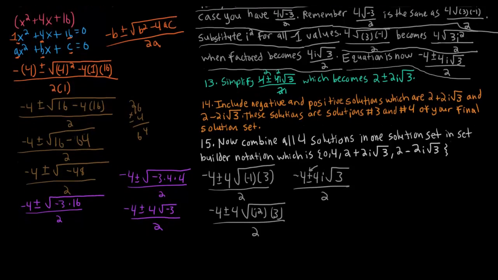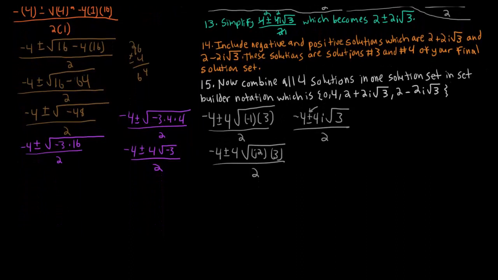So now moving to step 13, we can go ahead and simplify negative 4 plus or minus 4i square root of 3 divided by 2, which becomes negative 2 plus or minus 2i square root of 3.